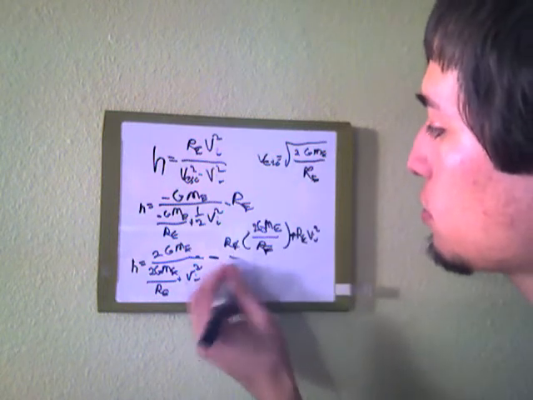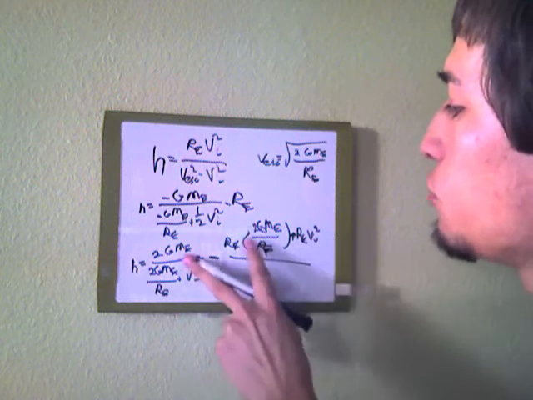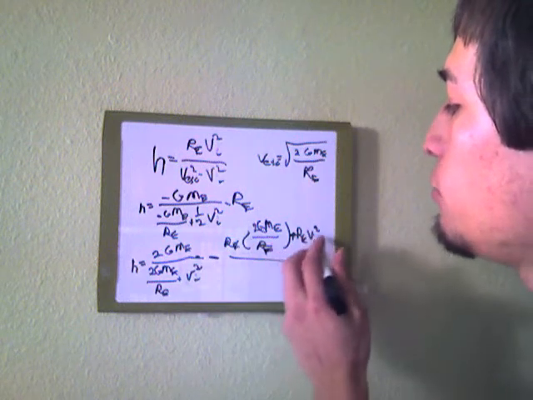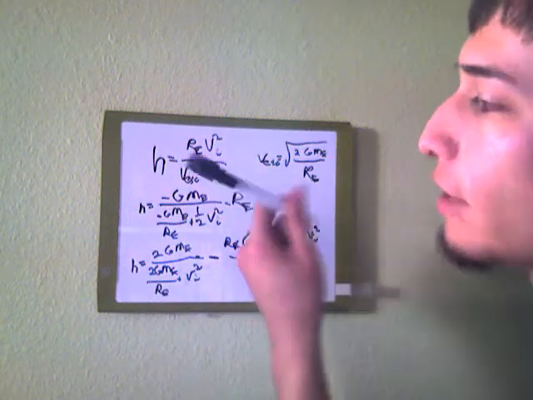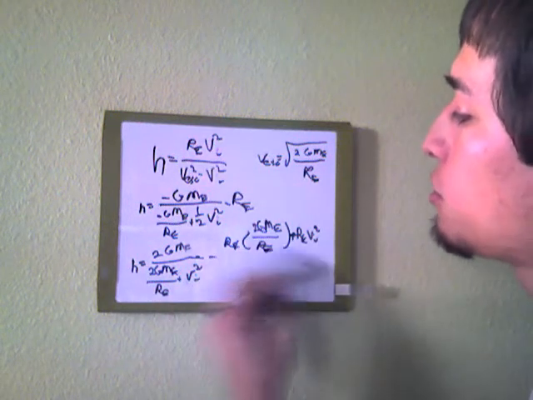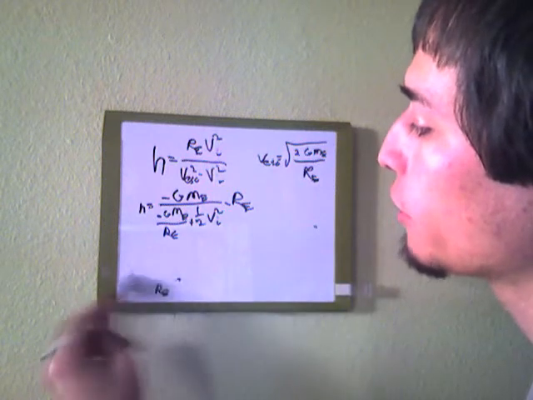And these terms over the same denominator, these terms are going to drop out, so you add these two right here. So you're going to get Re vi squared divided by the escape velocity squared plus vi squared, and that derives the equation. So basically that just shows that the height is equal to the equation they already gave us.